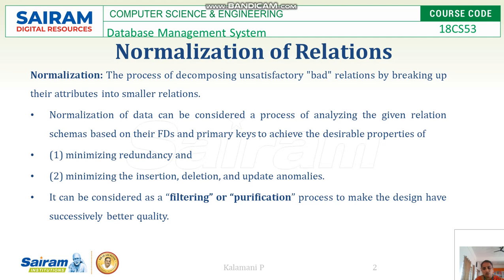In order to define the normalization process, we define it with the help of functional dependencies and primary keys. The desirable properties of normalization are mainly minimizing redundancy and minimizing insertion, deletion and updation anomalies. These are the main purpose of the normalization process.